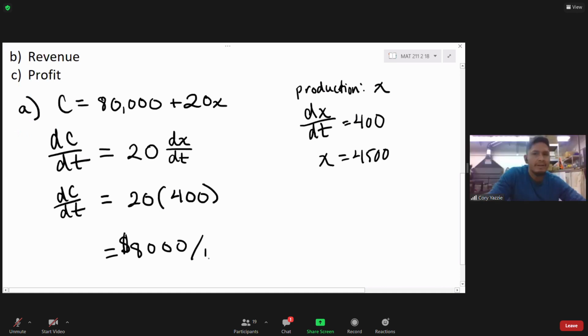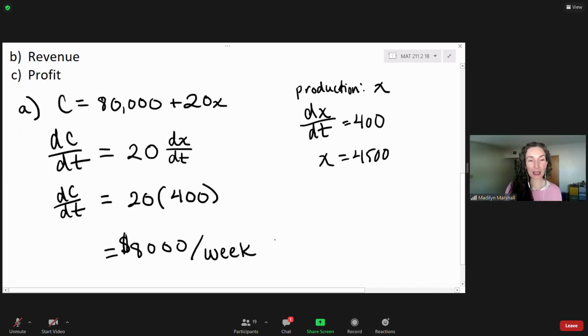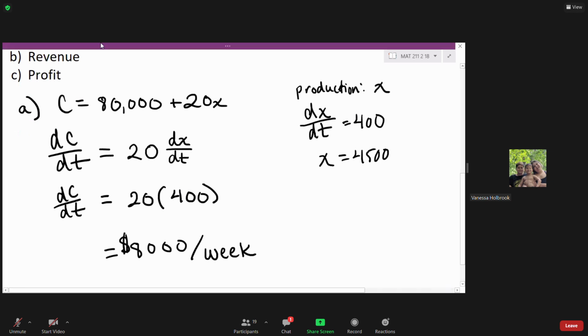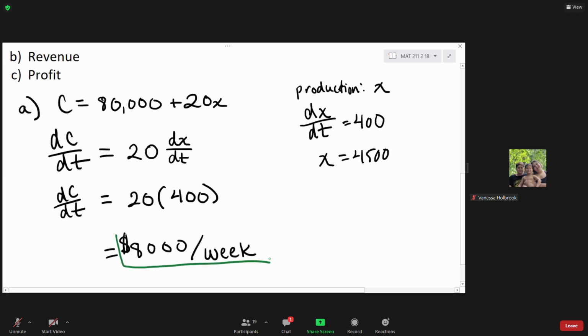Dollars per week. So that's the difference between dc/dt and c prime. Now we're finding the rate of change over time rather than per calculator, like we do for our marginal cost. So here cost is changing at $8,000 per week.